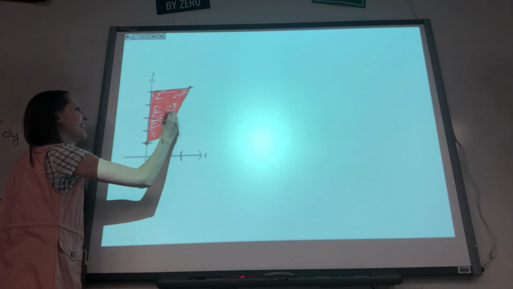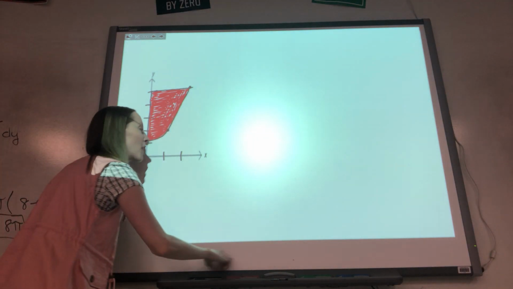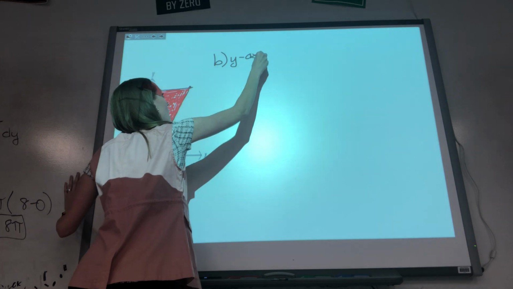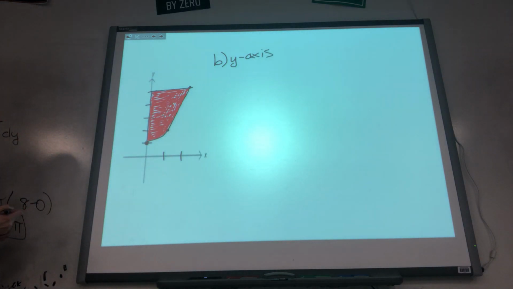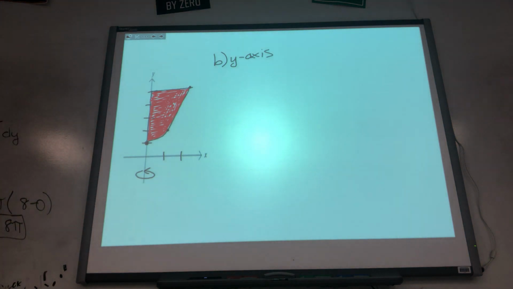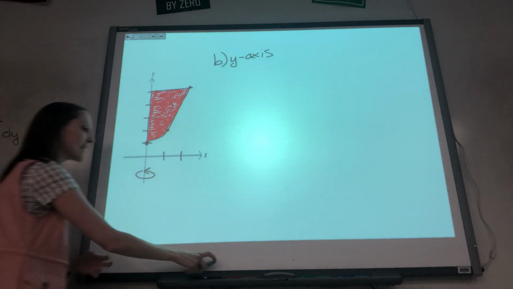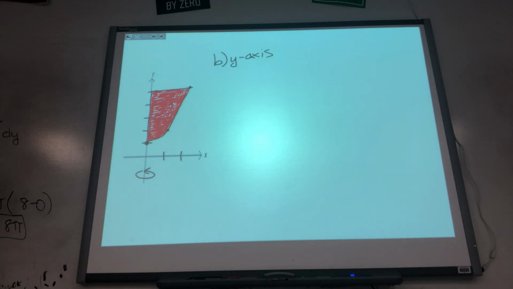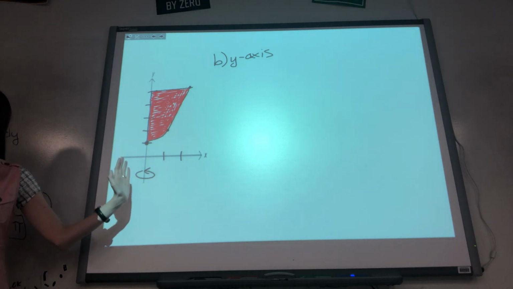All right, good enough. So part B, going around the y-axis. If you want to do your little arrow there to show that, you can. And how do we draw the rectangle? The rectangle is always drawn perpendicular to your axis of revolution.